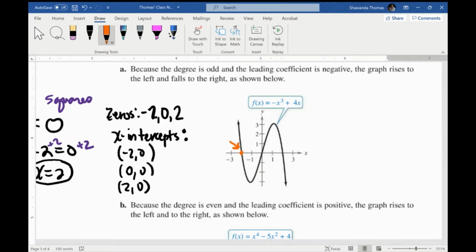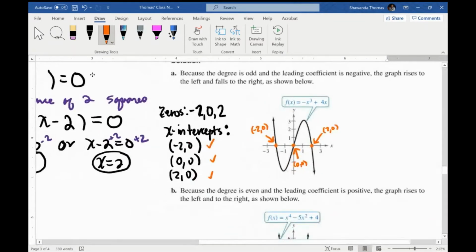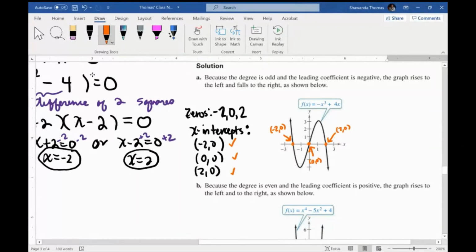All right, which one is it? It's probably negative 2, 0. What about this point? 0, 0. Correct. And what about this point? 2, 0. Check, check, check. Those are our x-intercepts. Any questions about A?